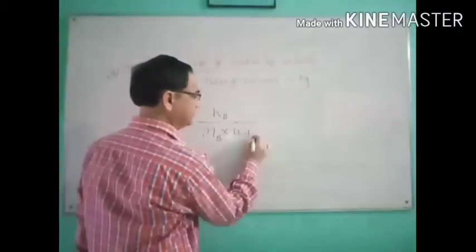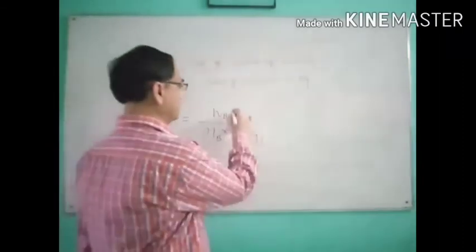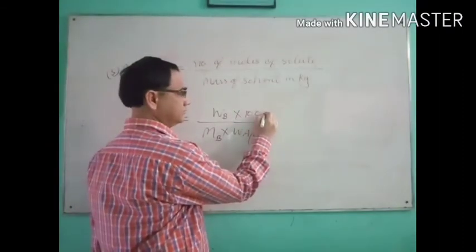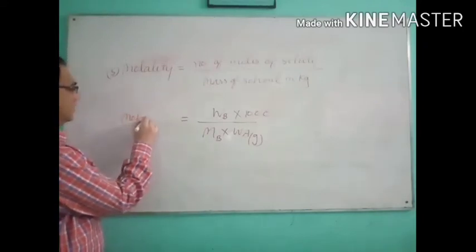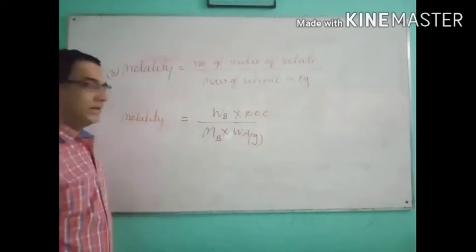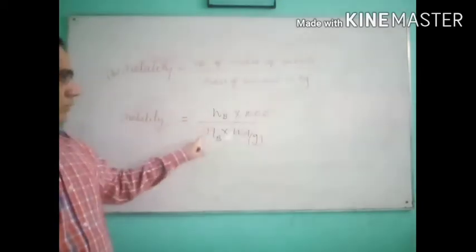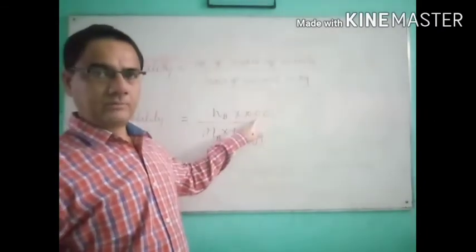We write in gram, and upside in the numerator we multiply by 1000. So this is the formula of molality. Molality is equal to WB upon MB WA, and upside 1000.